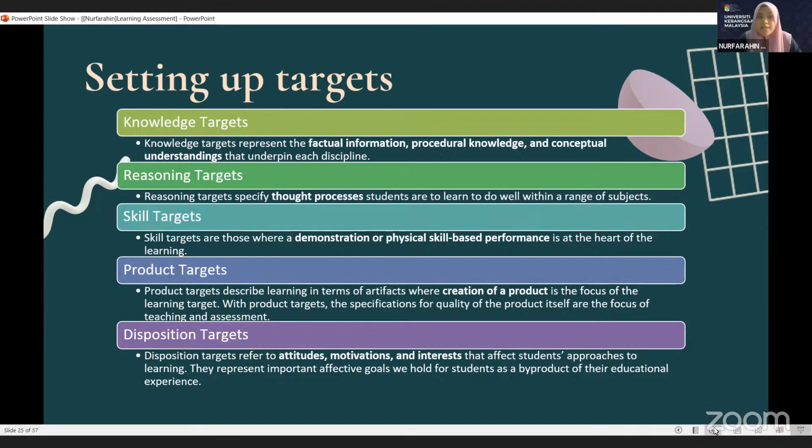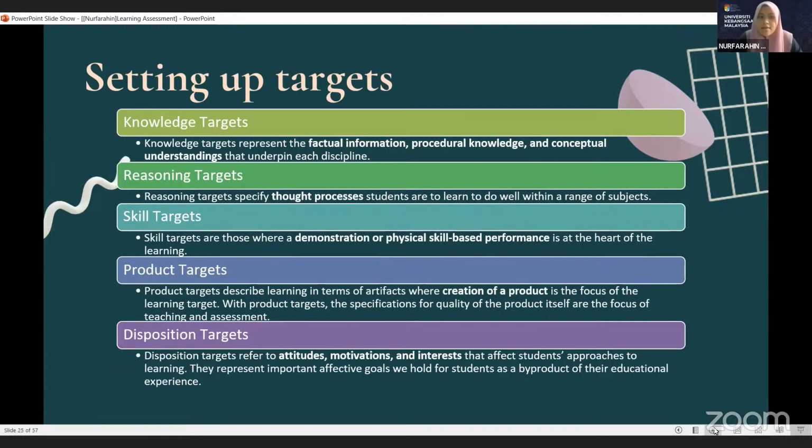The second type of targets is reasoning. Reasoning focuses more on the thought processes, how the students are able to think, how the students are able to organize their thinking. That is reasoning targets.